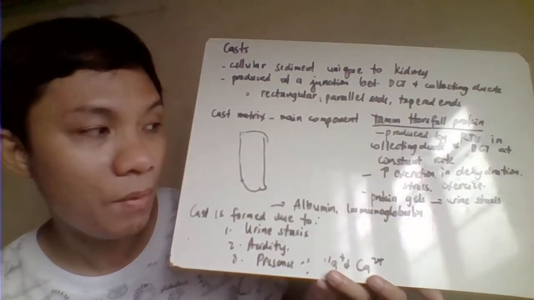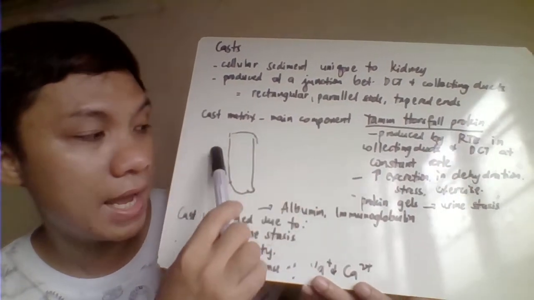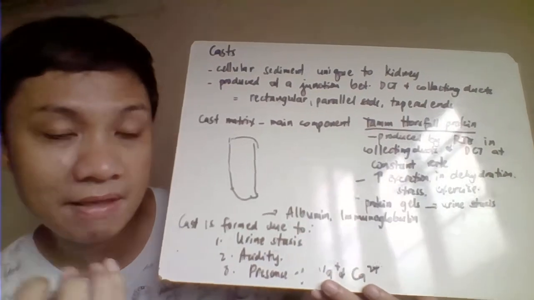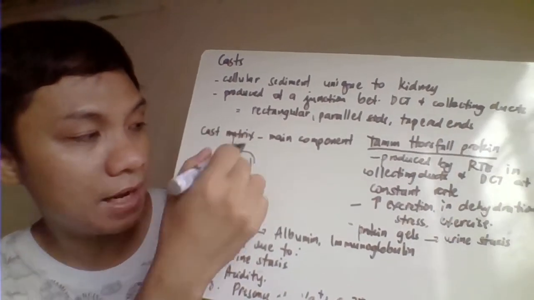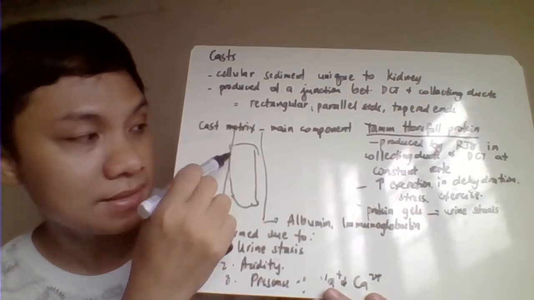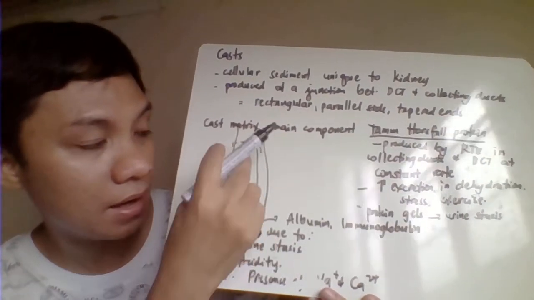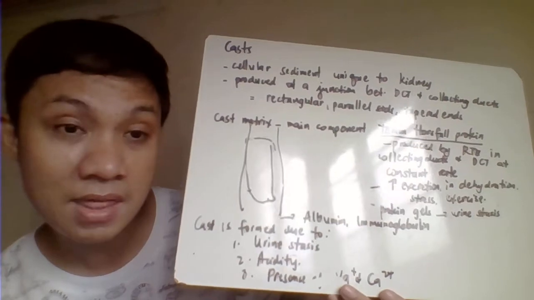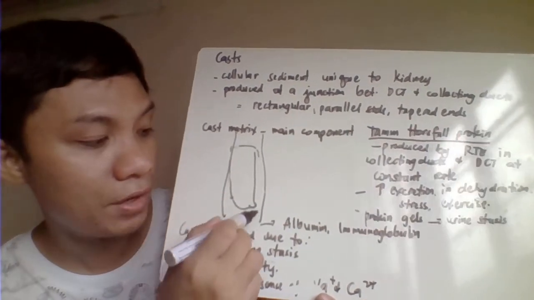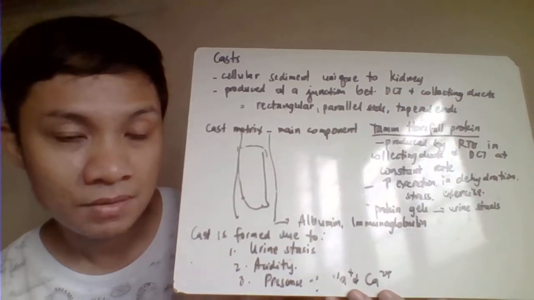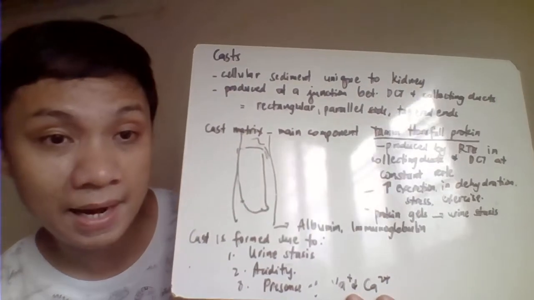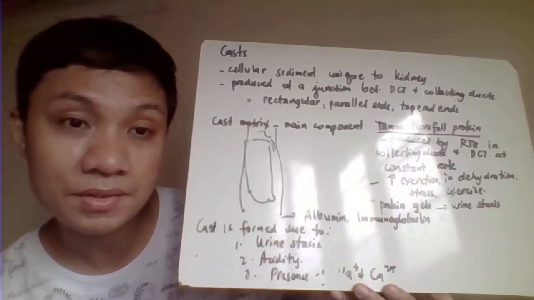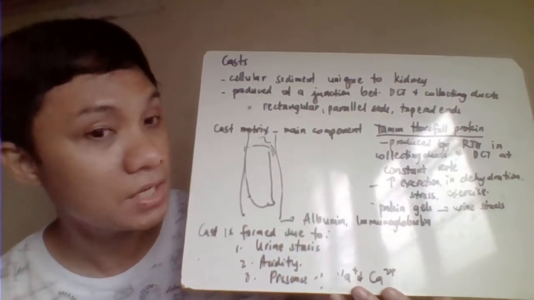Okay, so after that, the protein tries to gel and solidify. What happens is, if our renal tubules have a solidified cast, the passageway of the renal tubules gets blocked. Therefore, there is urine stasis. Urine stasis means our urine cannot flow out because something is blocking it. That is also a form of dehydration.